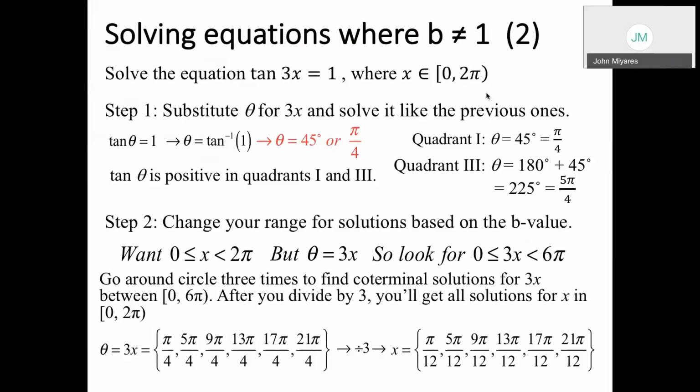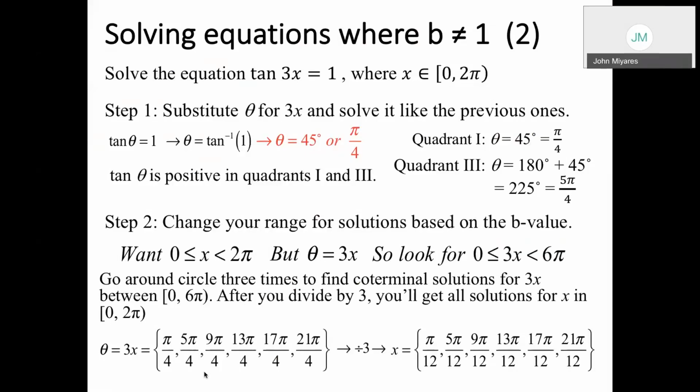Those 6 angles here in the final set of braces are all angles that fall between 0 and 2 pi, such that when I triple those angles, the tangent of the tripled angle equals 1.